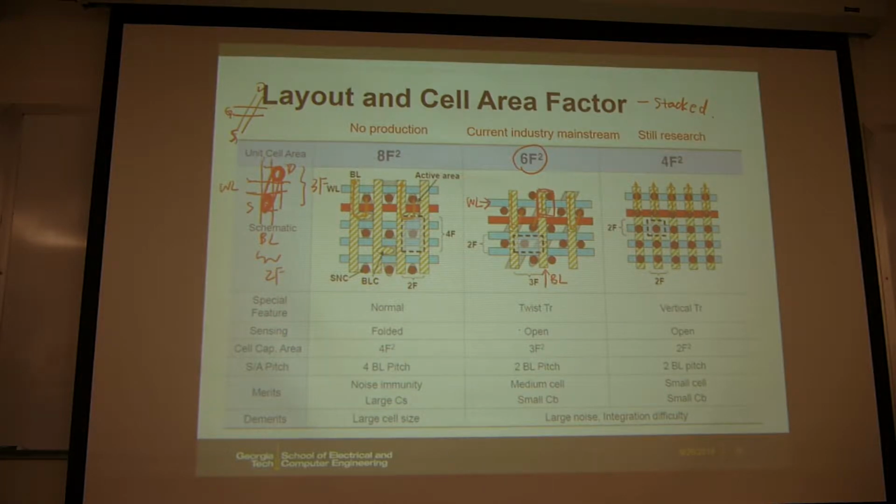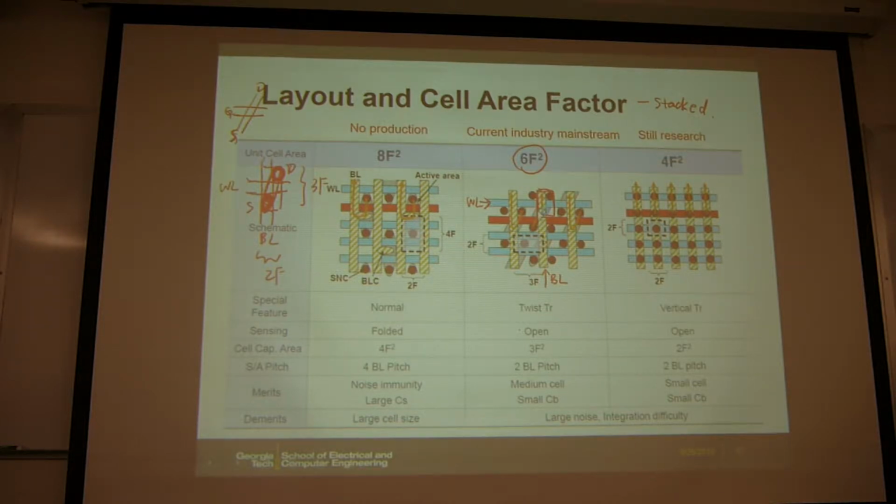This is very customized and special design to push for the density, and this is only manufactured by the DRAM vendors. So this is the 6F square layout. Any questions?